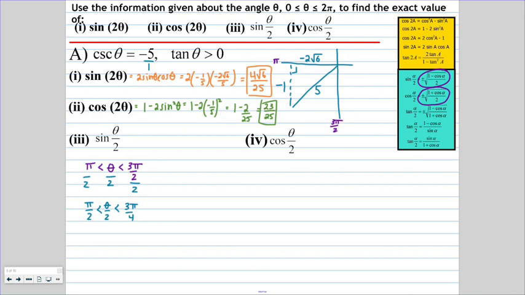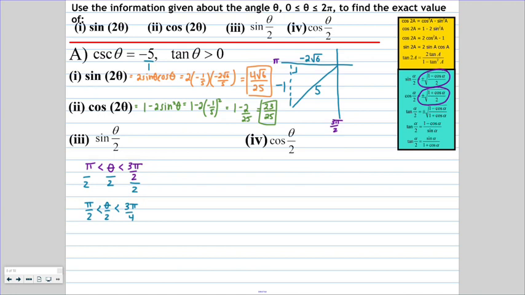I need you guys to even pause this video if you need and just kind of grapple with that. Theta was in the third quadrant, so theta is between pi and 3 pi over 2. We got that because cosecant was negative and tangent was positive at the beginning of this problem. The third quadrant is where that is true. And then to get theta over 2, I just divide everything in that inequality by 2.